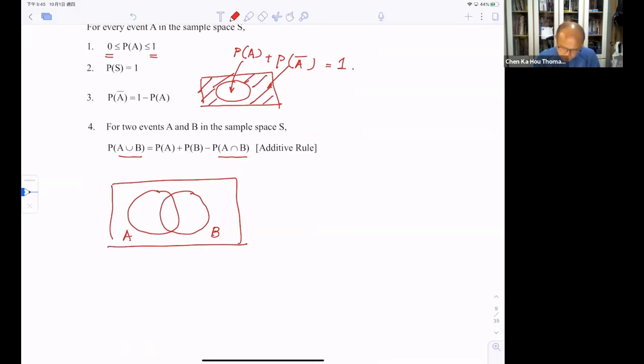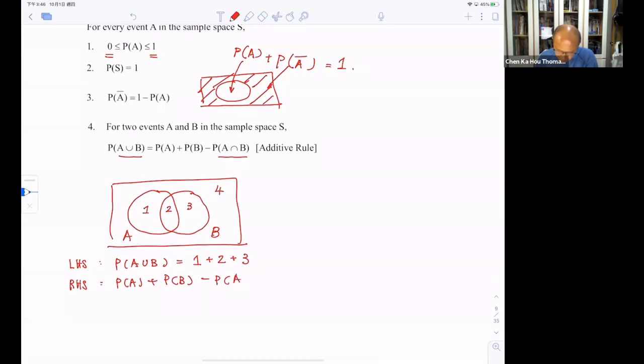Now I use 4 numbers to represent different regions: 1, 2, 3, 4, right? Now, P(A∪B) is 1 plus 2 plus 3. Okay, this is the left-hand side of the equation. How about the right-hand side? P(A) plus P(B) minus P(A∩B).